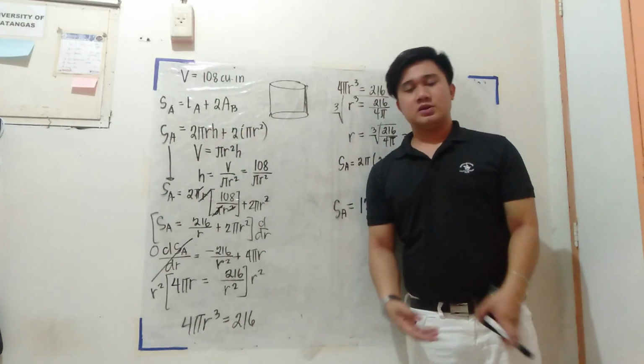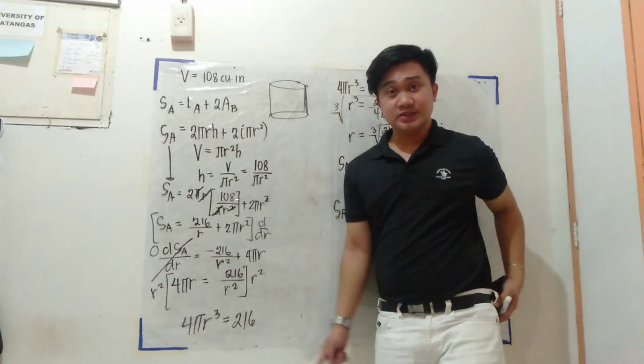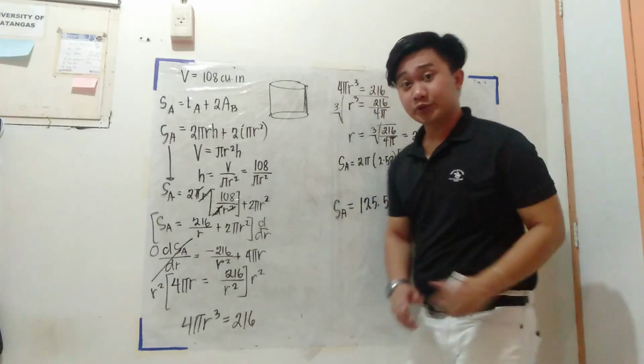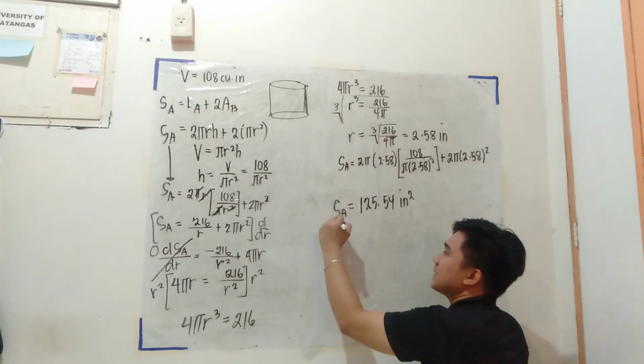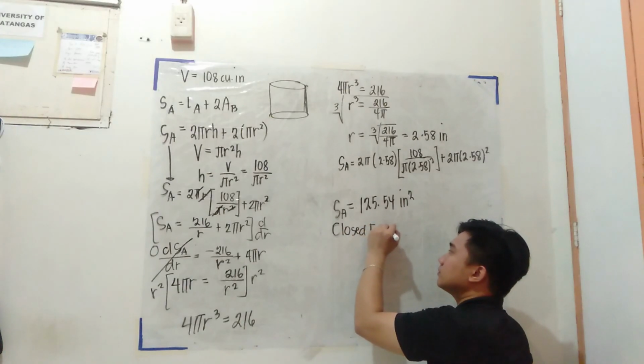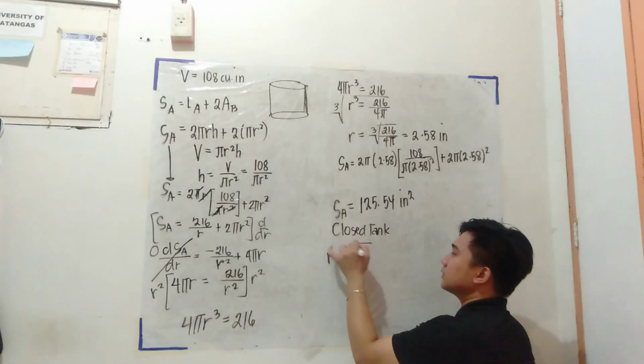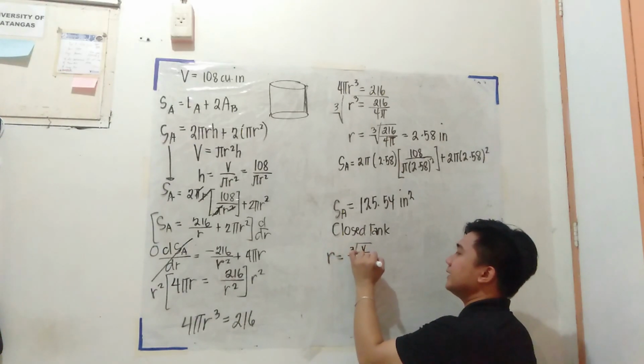cubic inch. Okay? At alam kong medyo nahahabaan kayo sa ginawa nating solution. Pero may derived formula na po dito. Take note, kapag sinabing closed yung tank natin, yung radius natin is equal to cube root of volume over 2 pi.